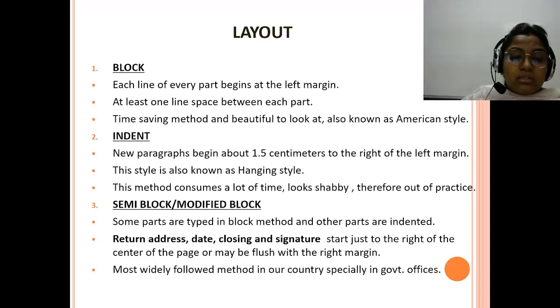Written address, date, closing, and signature start just right of the center of the page, flush with the right margin. Some parts are typed in block method and other parts are indented.